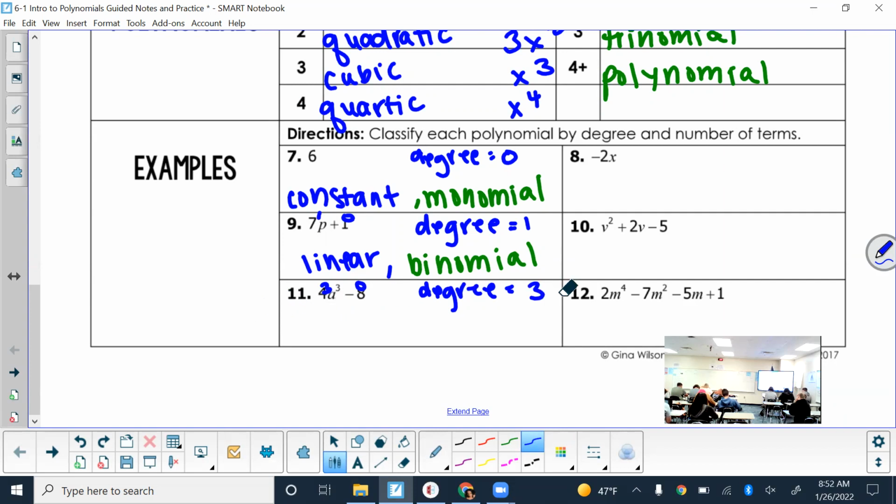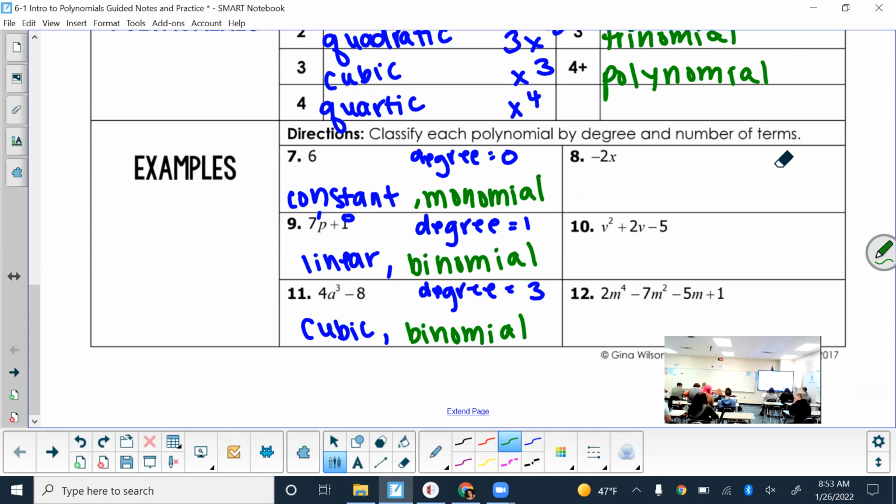So the overall degree is 3, which makes this cubic. And then how many terms does it have? So this is a binomial. All right, so degree is different from terms. You can have something with a high degree and not that many terms. So look at them separately. Questions about that?